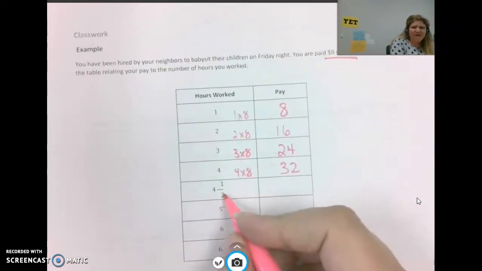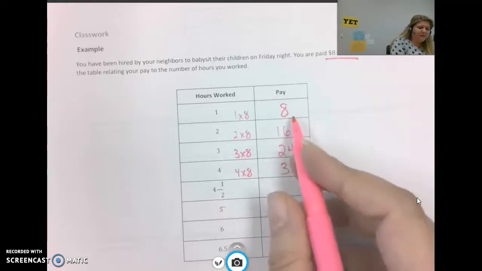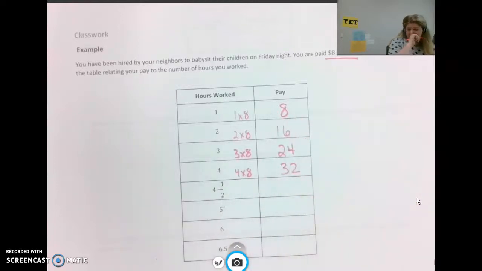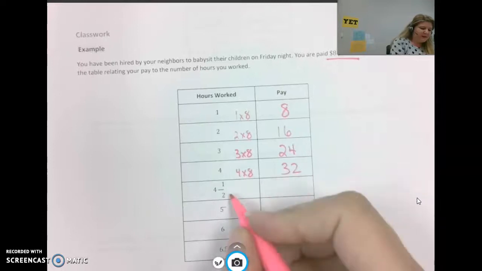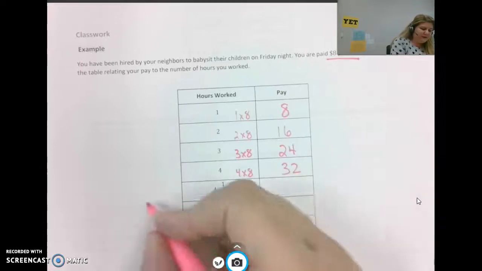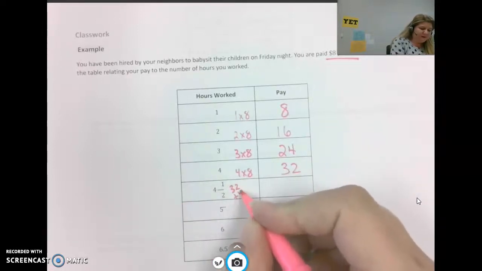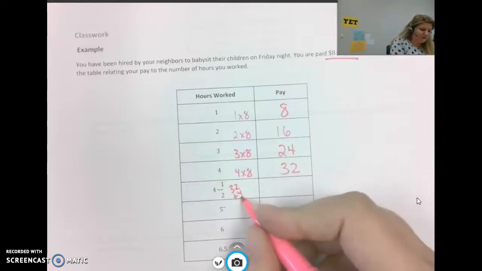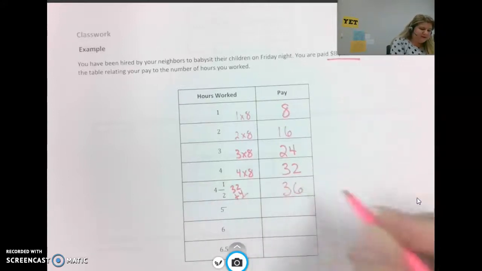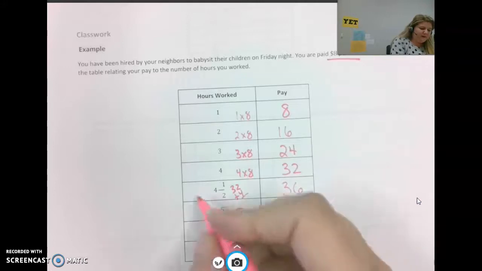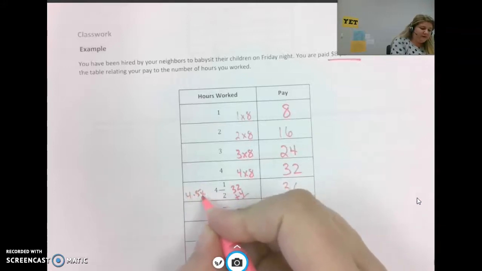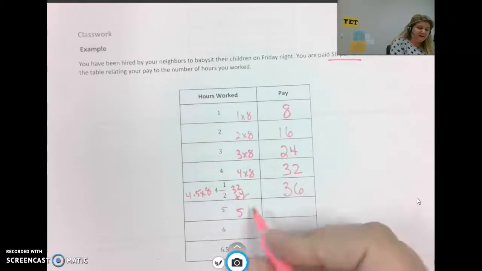Okay, half of an hour would be $4. Excuse me. So that would be 32 plus the $4 for half an hour would be 36. Okay, this is still 4.5 times 8 to get 36.